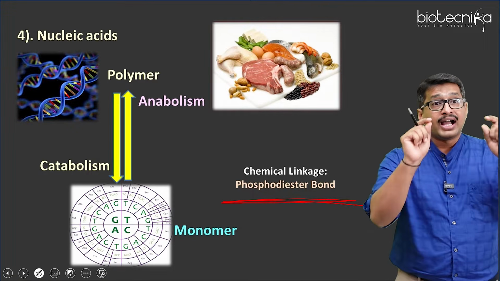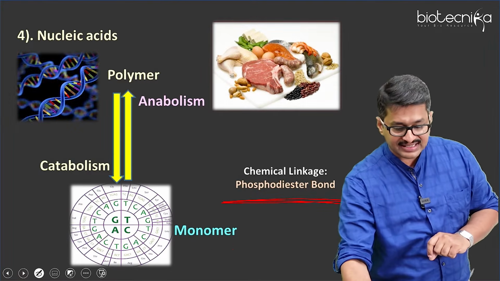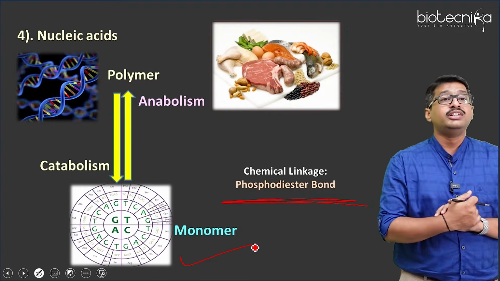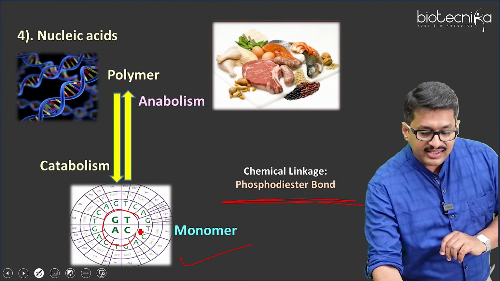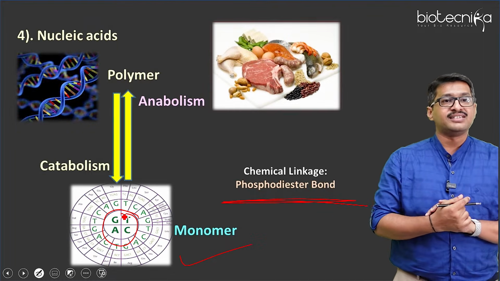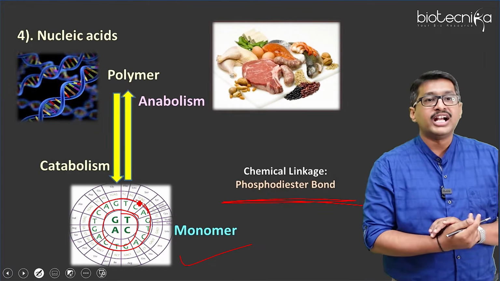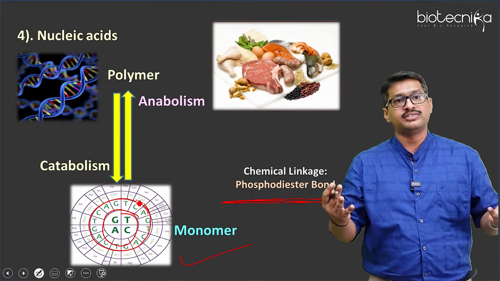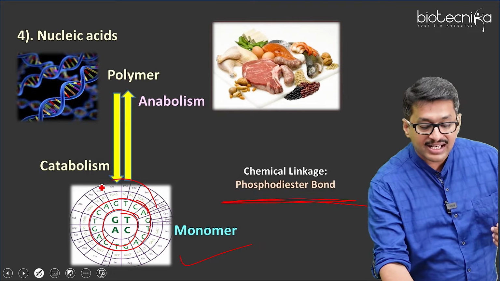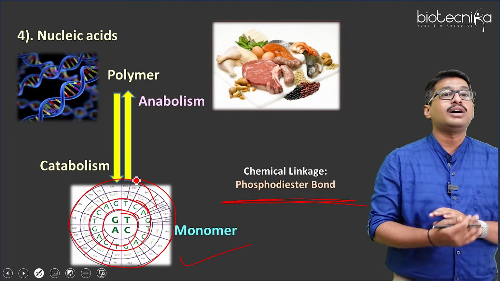Now, I seek your attention on this particular slide or this particular picture. Here, the nucleosides are at the center, which is ATGC. These ATGCs in a particular combination form a set of codons, and this set of codons will actually code for amino acids.